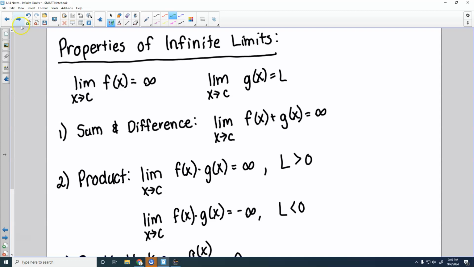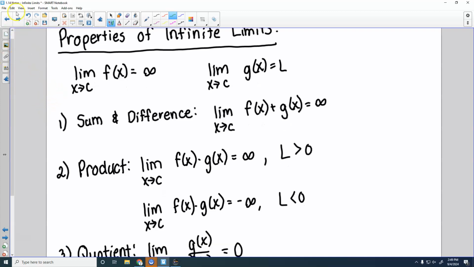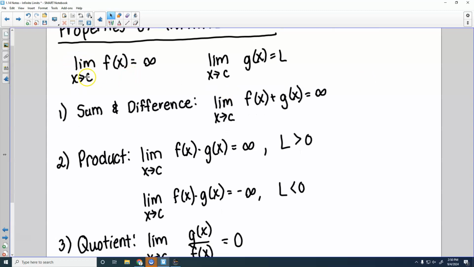All right. So some properties of limits. For infinite limits, if your limit as x approaches c of f of x equals infinity, and you're doing a limit as x approaches c of f of x plus g of x, if this limit right here is infinity, and this one is just a number, whatever L is, infinity wins. Infinity is the answer, right?